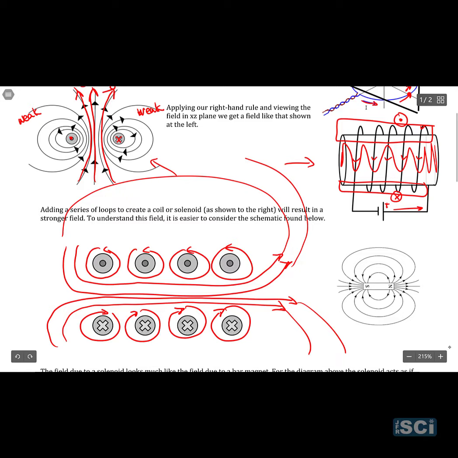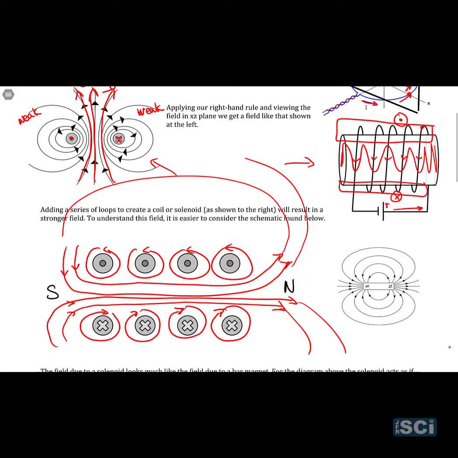Now, if you think about what this actually looks like, we have field lines all coming out of one end of the coil, and they're all going into the other end of the coil. This looks very similar to the magnetic field lines around a bar magnet. So a coil, when current's going through it, in fact produces a semi-bar magnet.